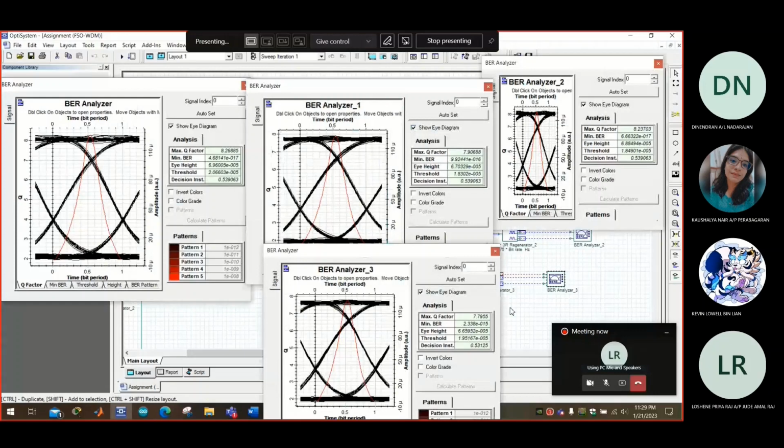Then BER analyzer 1 will have a maximum Q factor of 7.90688. BER analyzer 2 will be 8.23703, the maximum Q factor. And then BER analyzer 3 will be 7.955, the maximum Q factor.